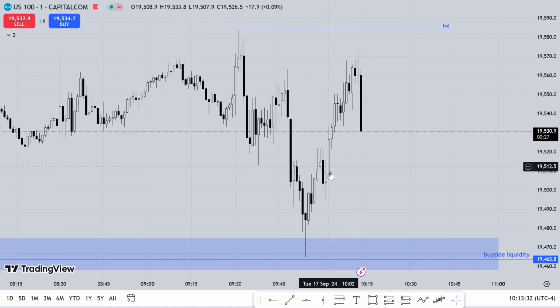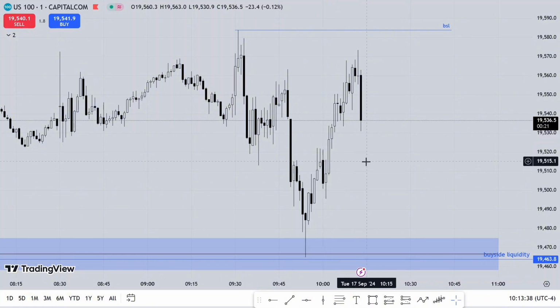And now, if this intermediate term low is violated, this is what I explained earlier about how you are to be nimble when trading the day before a news release like FOMC, because the market makers will be compressing price into a range, trying to take out both buyers and sellers.